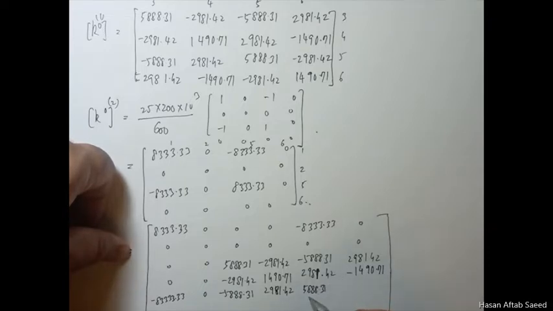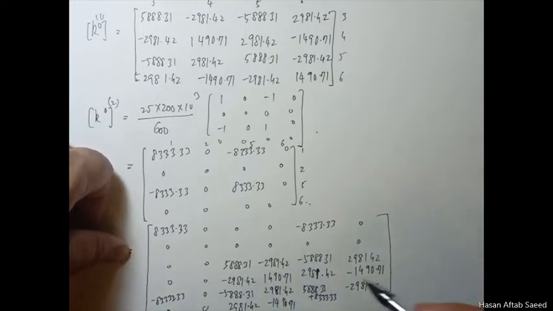5888.31 plus 8333.3. Here both are combined because 3 and 4 have some common terms, and here minus 2981.42, and the last row: 0, 0, 2981.42, minus 1490.71, and minus 2981.42, and finally 1490.71.